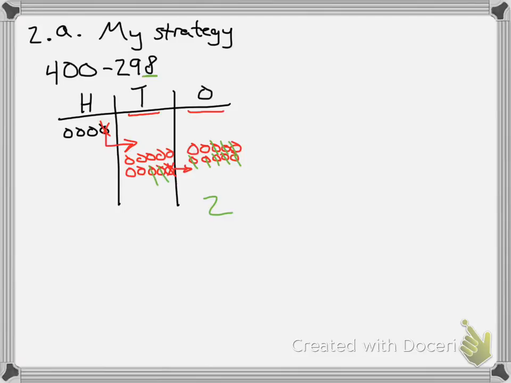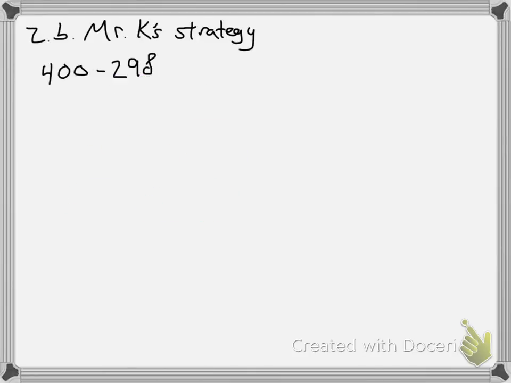So 1, 2, 3, 4, 5, 6, 7, 8, 9. And then I need to subtract 2 in my hundreds spot. So I end up with 102.